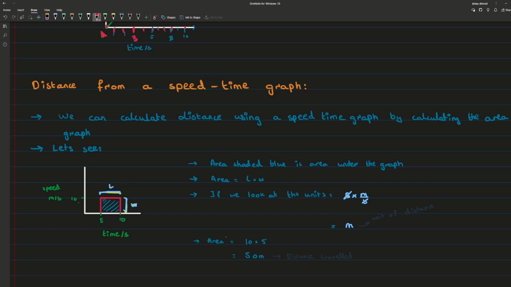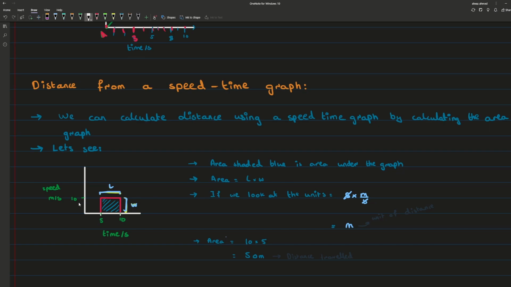Now we have to calculate the distance this object traveled while it was moving. So we need to calculate the area under the graph. Now this can be calculated using the formula length multiplied by width in this case, because as you can see the graph is kind of a rectangle. So for length we have to look at the x-axis because that is the length. So the car moved from 5 seconds to 10 seconds. This means that the value of L for our graph is going to be 5.